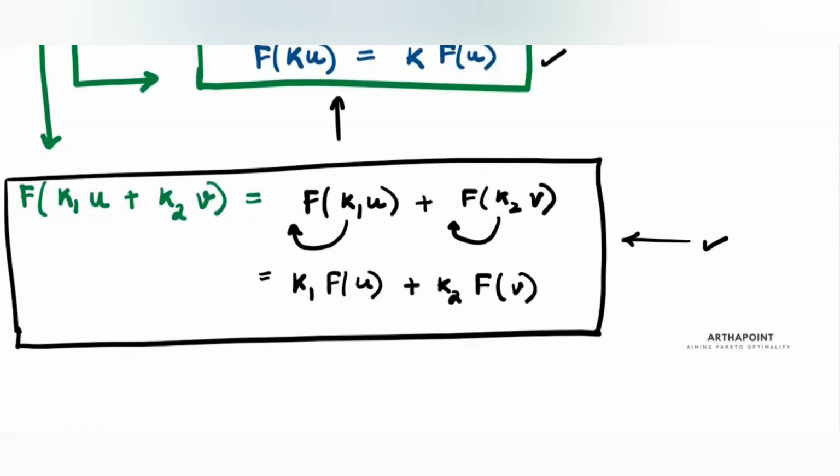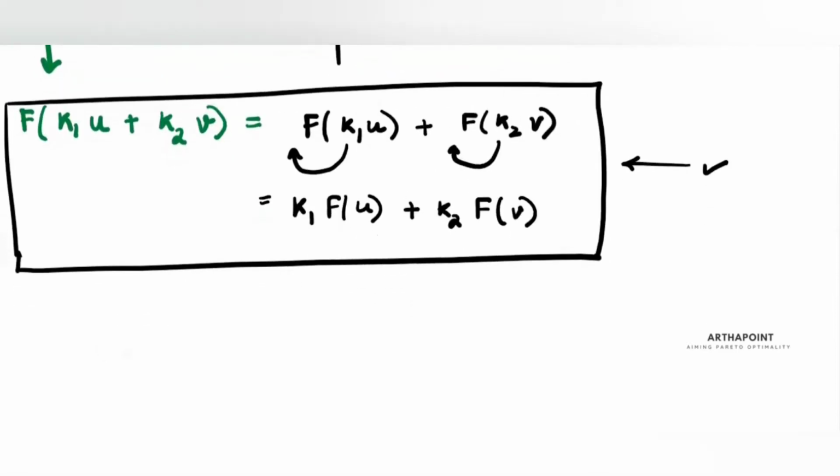Now, please understand. Suppose I tell you that my vector in itself is a vector of zeros. And whenever you put 0, you also get 0.